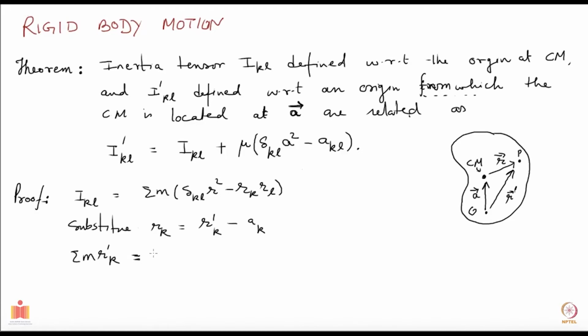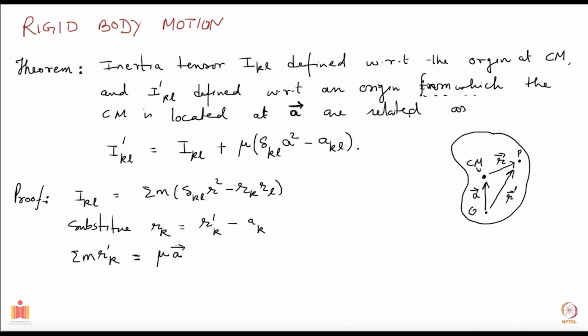So m r k prime is the location of the center of mass times the total mass. So you will get, you see, this is what this says. The entire thing divided by the total mass is the center of mass, okay, from this origin. And where is it located? It is located at vector A. So you should get this, right?